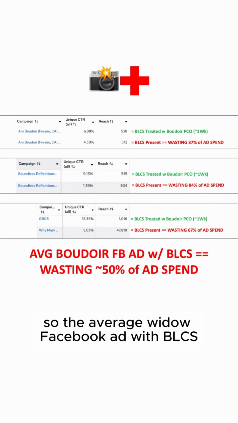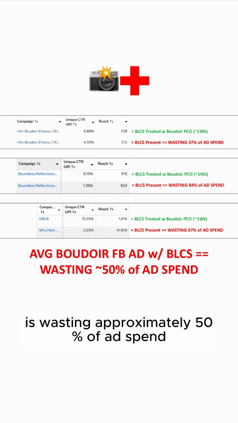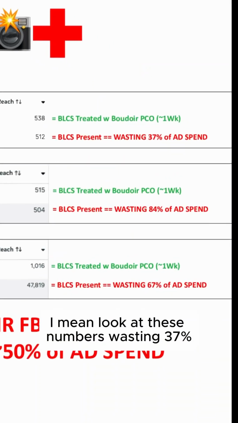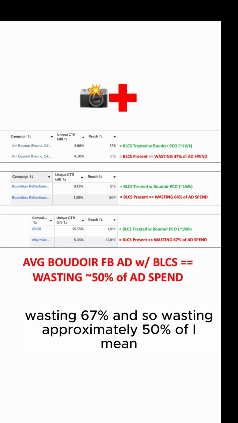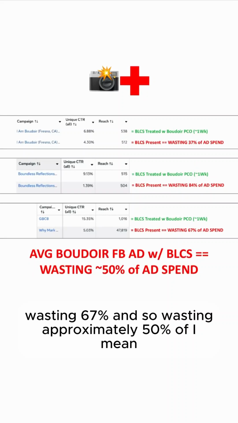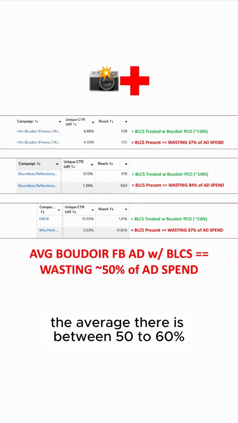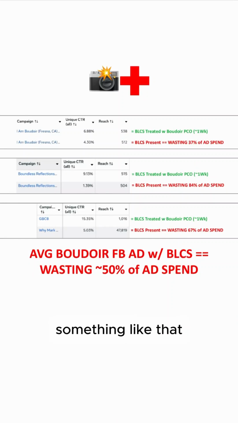So the average Boudoir Facebook ad with BLCS is wasting approximately 50% of ad spend. Look at these numbers: wasting 37%, wasting 84%, wasting 67%. The average is between 50 and 60%, something like that.